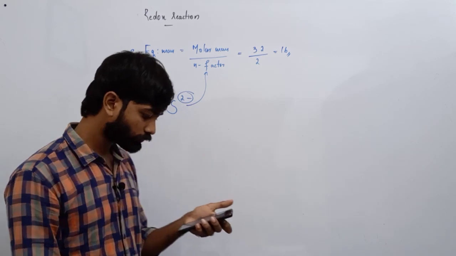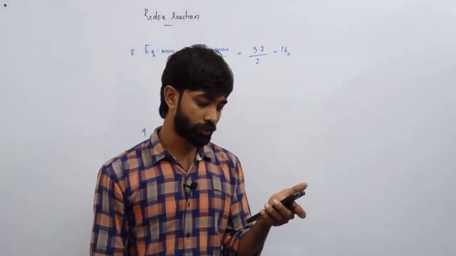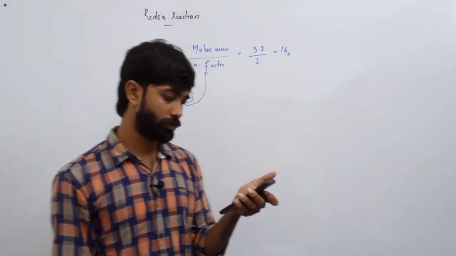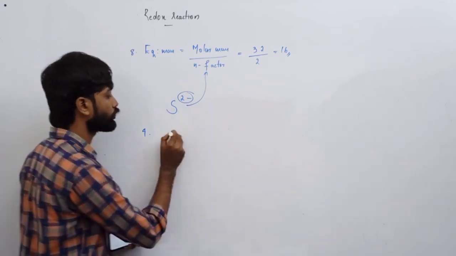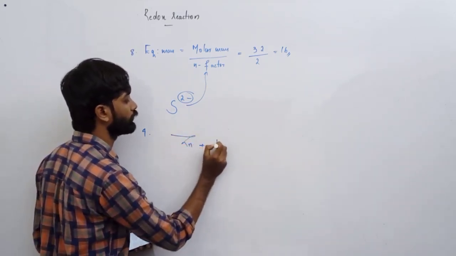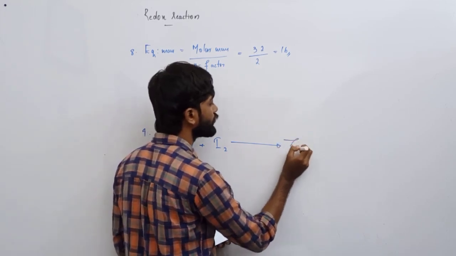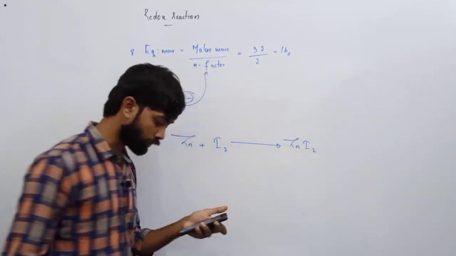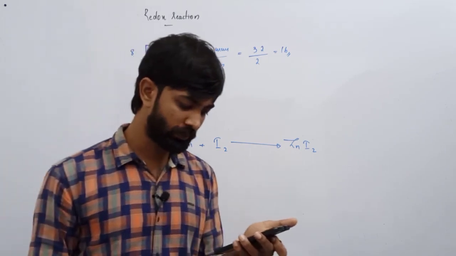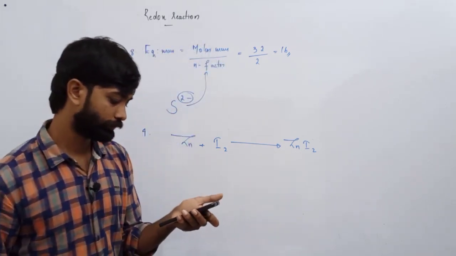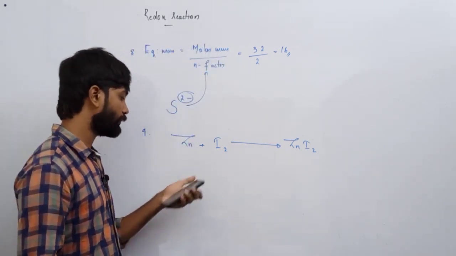Okay, and this is the 8th question. 9th question. In a reaction between zinc and iodine, zinc iodide is formed. So we have zinc and iodine, and what happened means ZnI2 formed. Okay. Then your question is, which is being oxidized? Zinc ion, iodide ion, zinc atom, iodine.